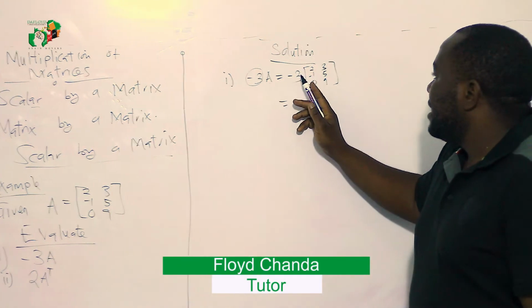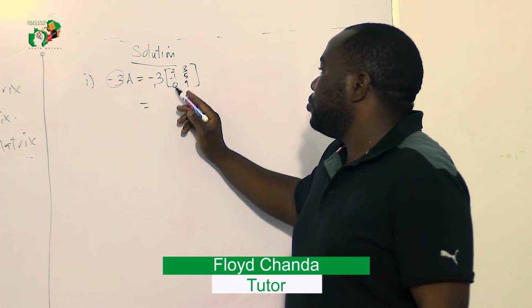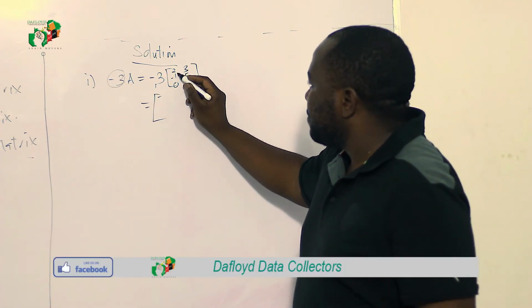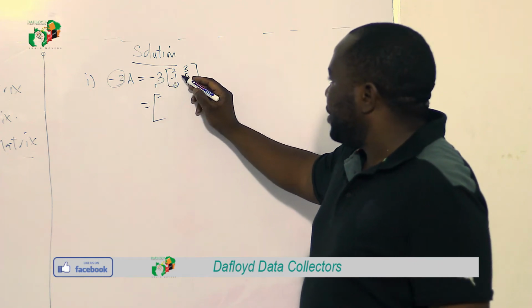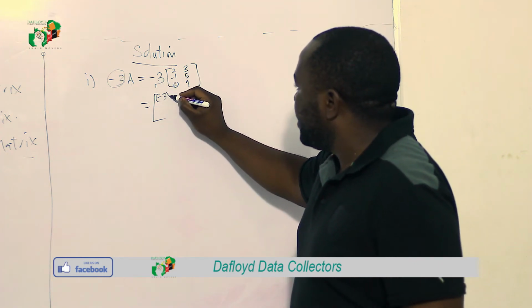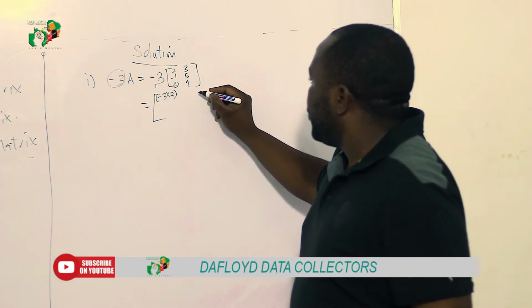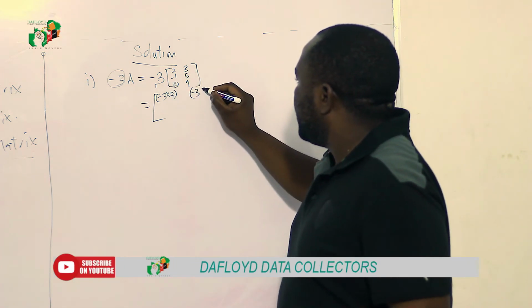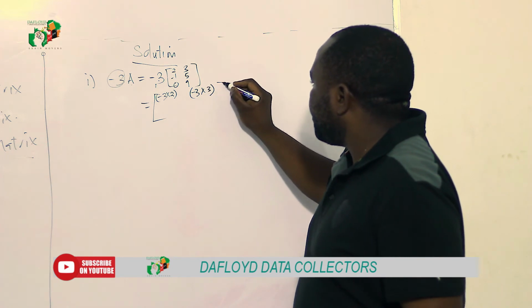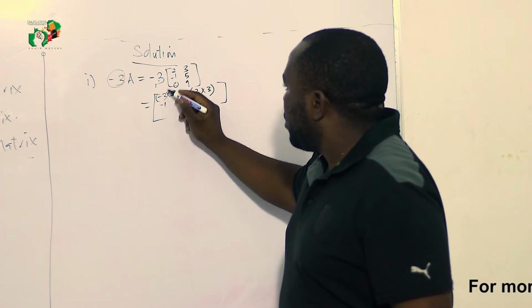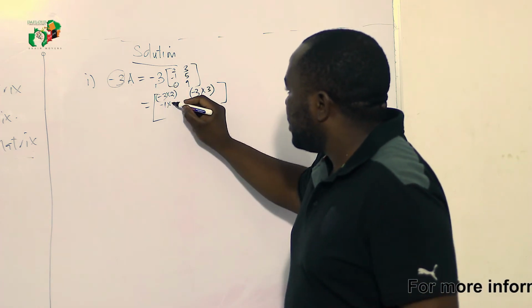So we start. Negative 3 times 2. Again, we go to negative 3 times 3. Again, we go to negative 1 times negative 3.